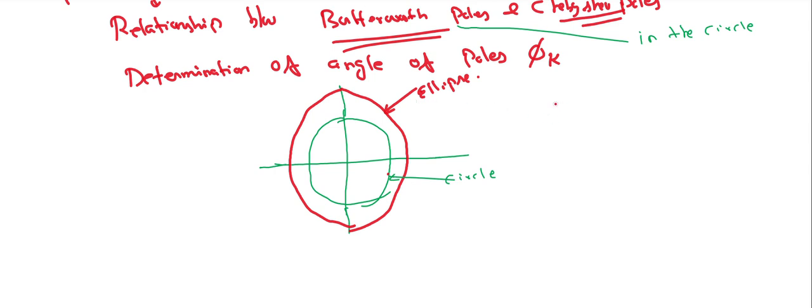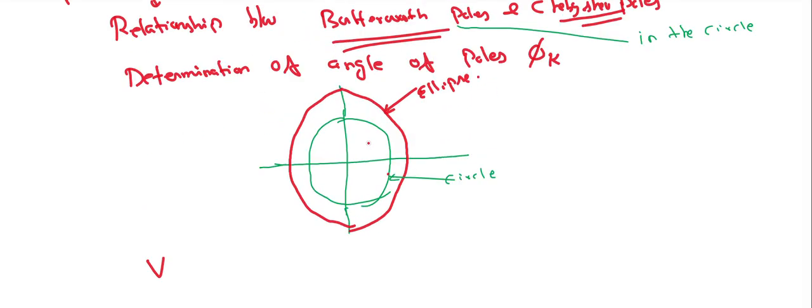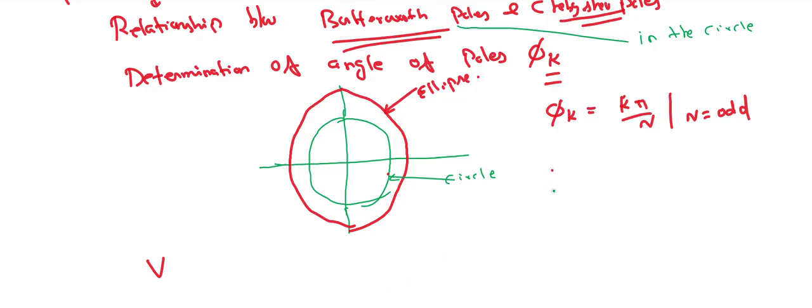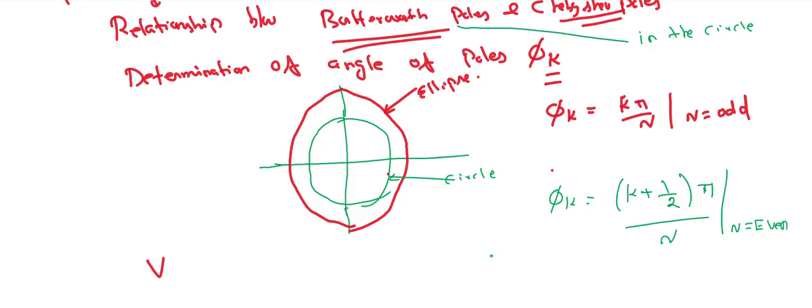There are various steps to determine the poles for stability. The angle of the poles, phi k, is equal to k pi by n for n odd, and (k plus 1 by 2) times pi by n for n even.